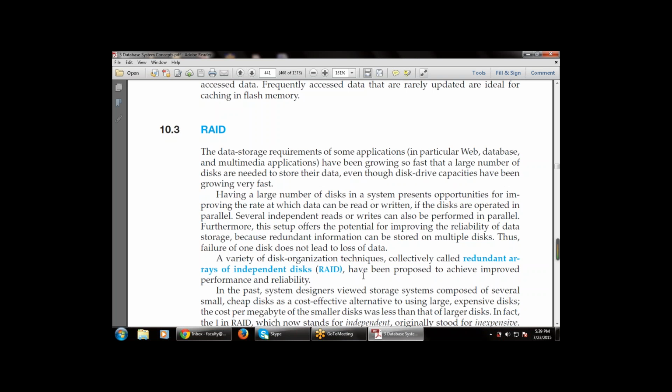For having a large number of disks, there is an organization known as redundant array of independent disks, RAID, which has been proposed to achieve improved performance and reliability.